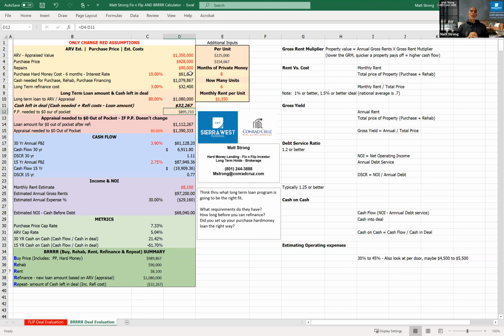So that should tell me that if I'm able to get a 1.35 ARV, I've bought it for 90, I've repaired out of pocket 90, I'm spending 61,867 in hard money costs to bridge the temporary loan. I'm going to have a 3% loan cost when I go to refinance it. When all that math is done, I probably will leave about $32,000 left in the property, which is phenomenal given the numbers we're dealing with.